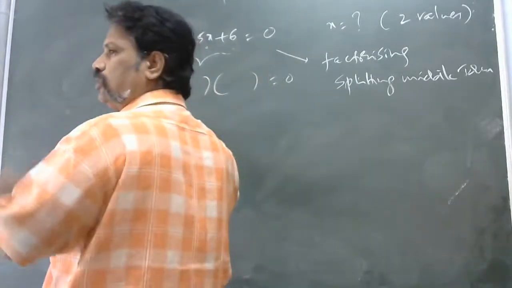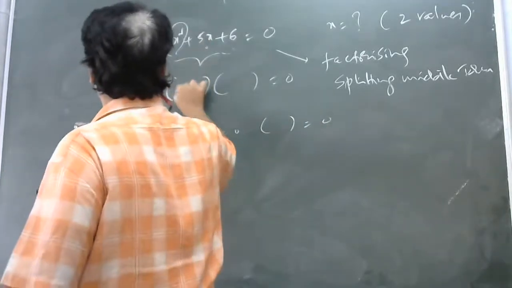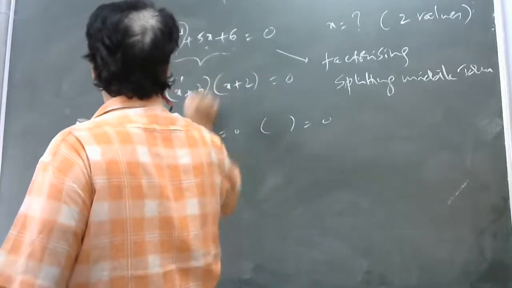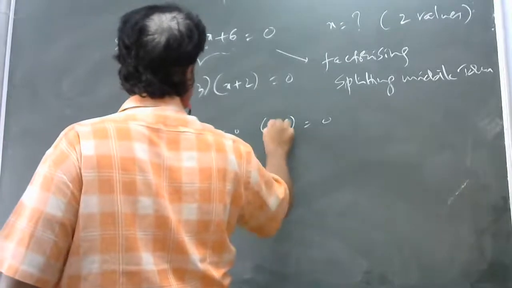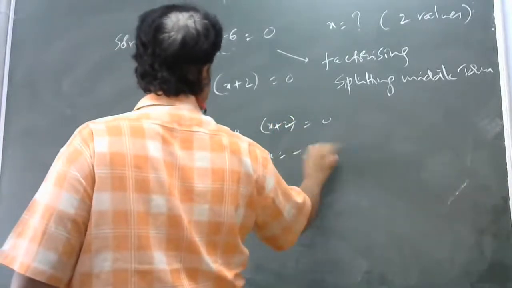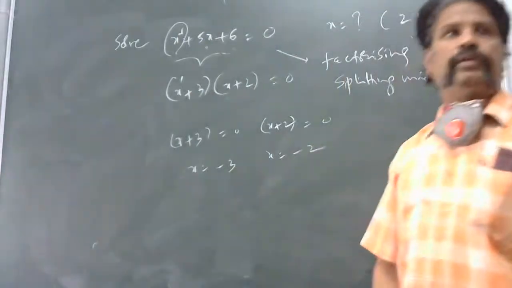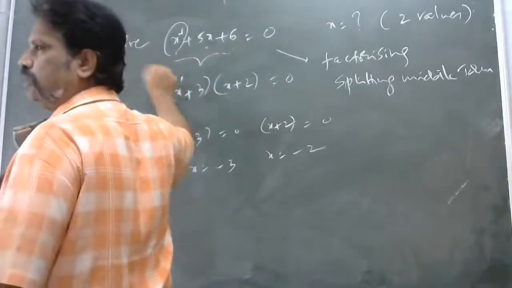If the product of two things is 0, then each is equal to 0, you know? Here the degree of x is 1 and here the degree of x is 1, together making degree 2. So x plus 3 is equal to 0, x is equal to minus 3. Here x plus 2 is equal to 0, x is equal to minus 2. But I know this because I know the answers, minus 3 and minus 2. How to get to this part is the step before, in between, you know it.